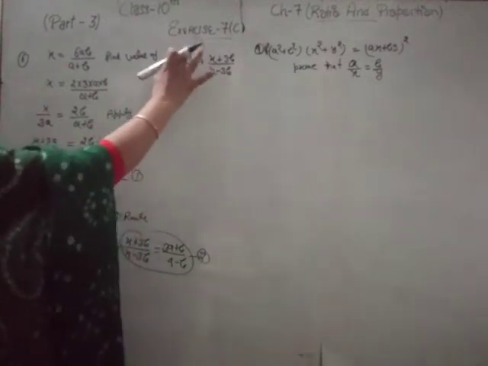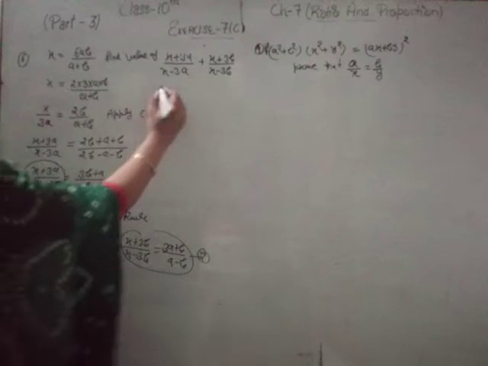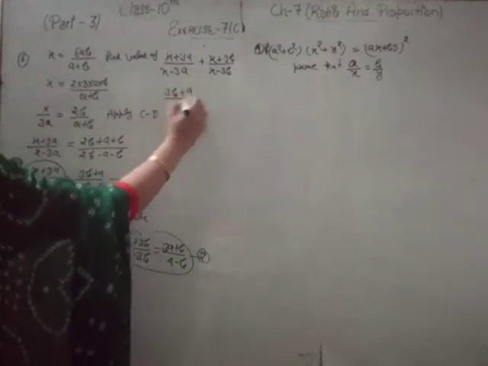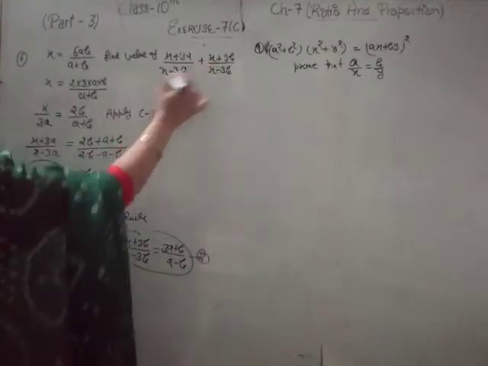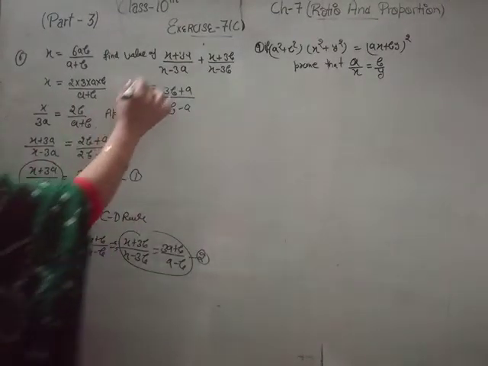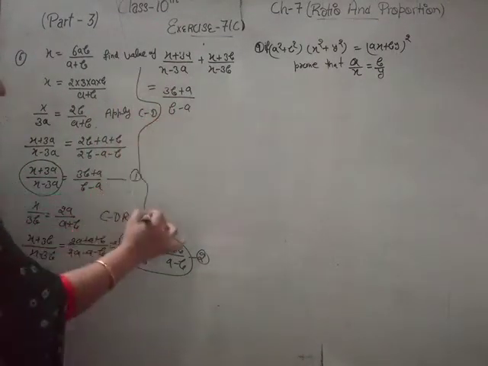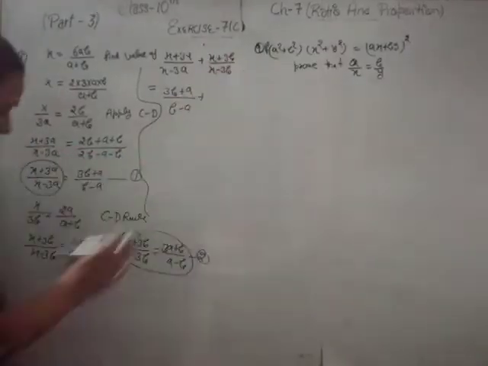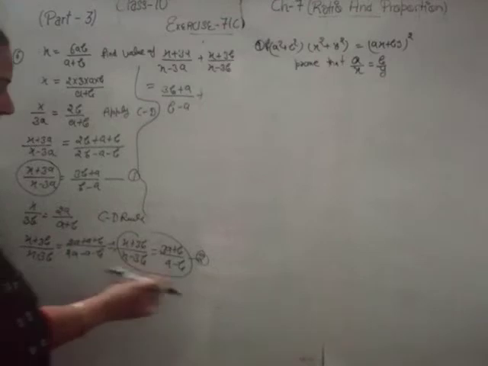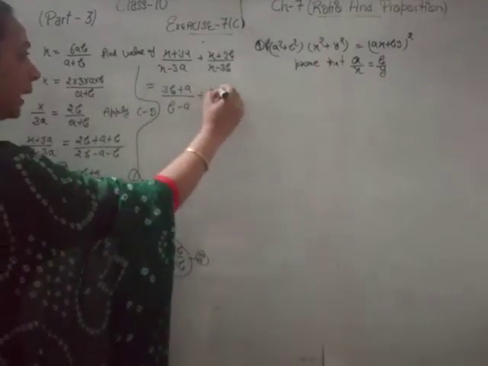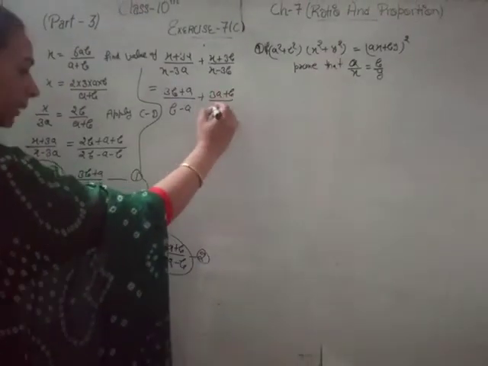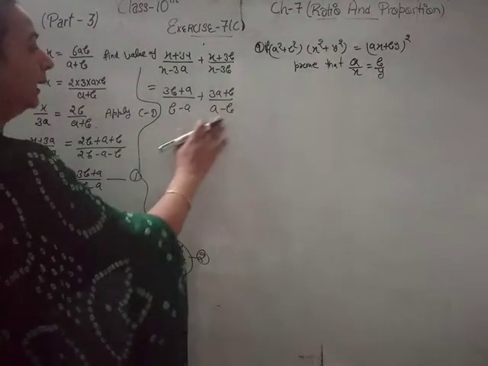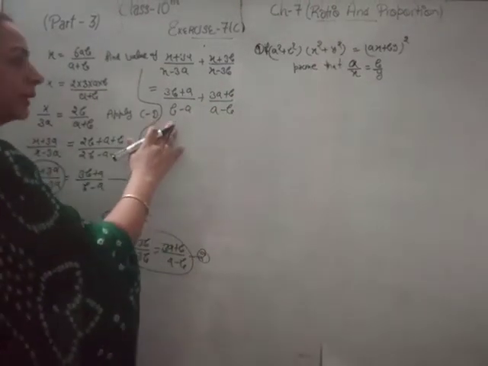In this place, we write (3b plus a)/(b minus a), then value of this equal to, okay, plus in place of (x plus 3b)/(x minus 3b) equal to (3a plus b)/(a minus b). Okay student, we write this b minus a, and you write this a minus b.